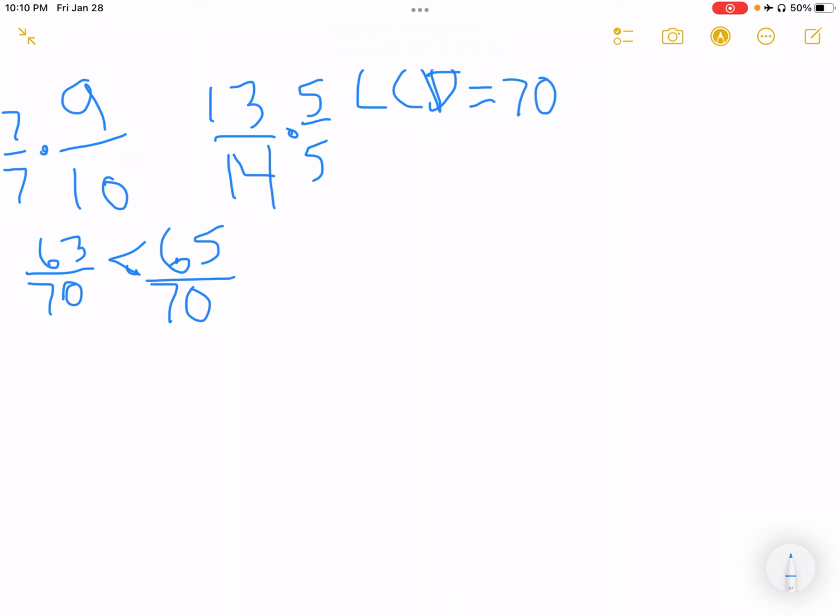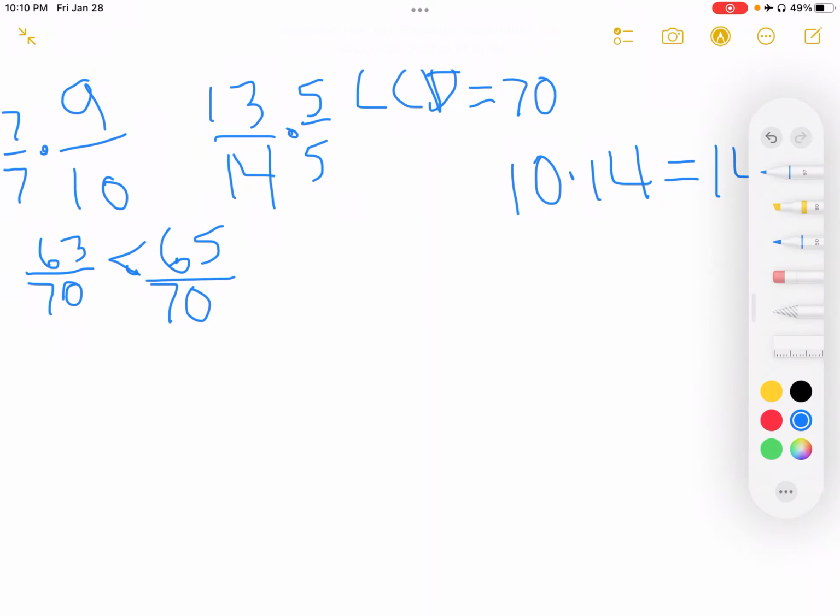Now, like I said, you can use that trick where you multiply the denominators by each other, right? So if you did 10 times 14, you get 140. And that's a little bit easier to do, right? So let's pretend we're going to do this over here. So we're going to use this one instead.